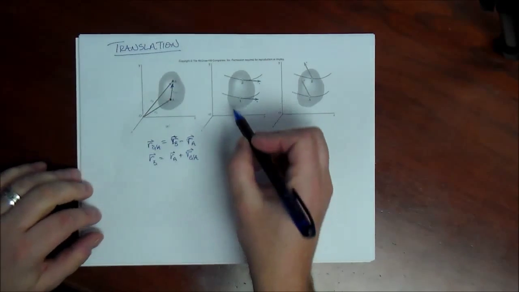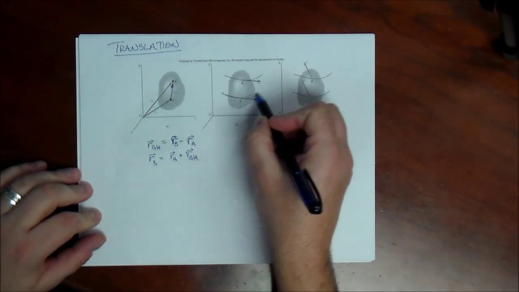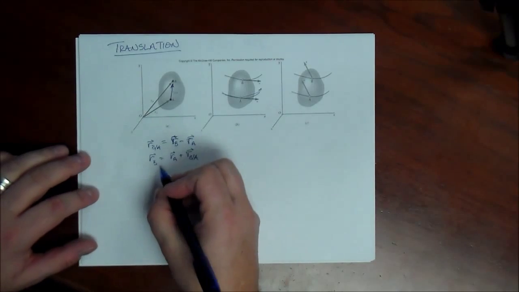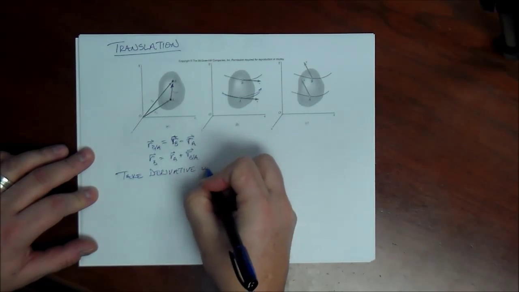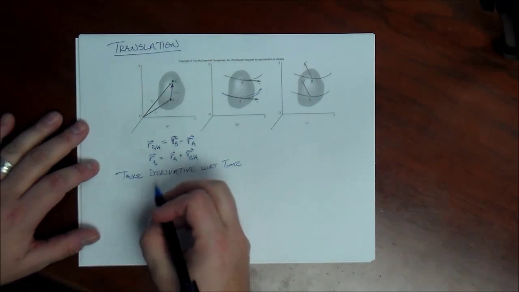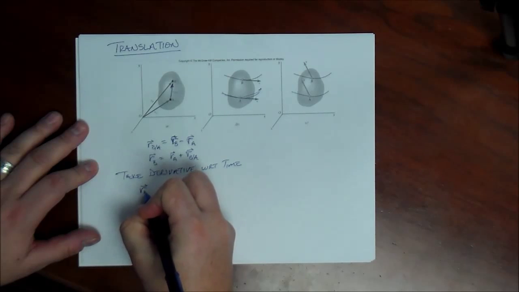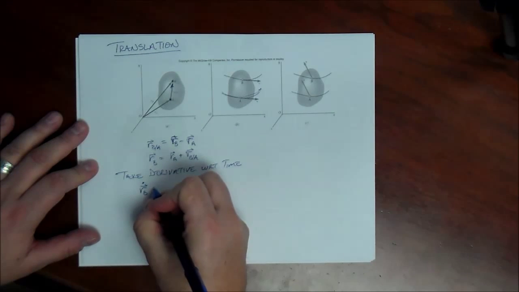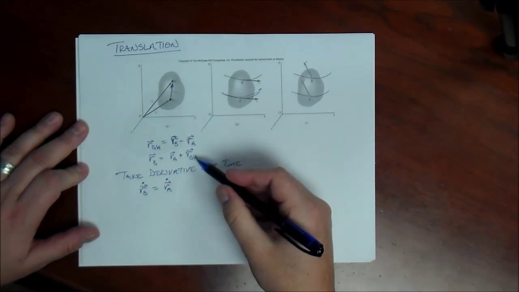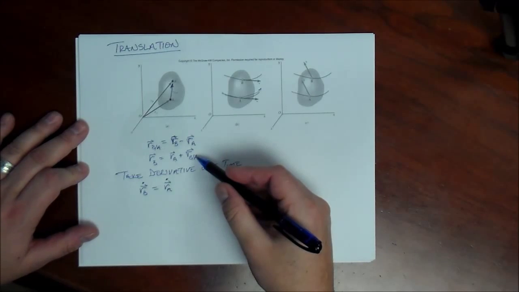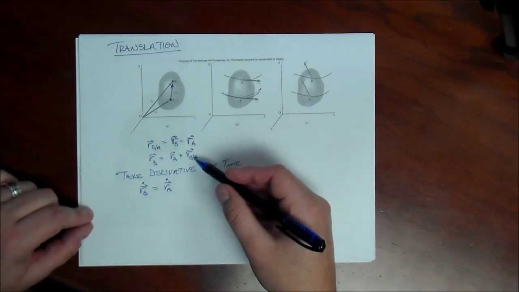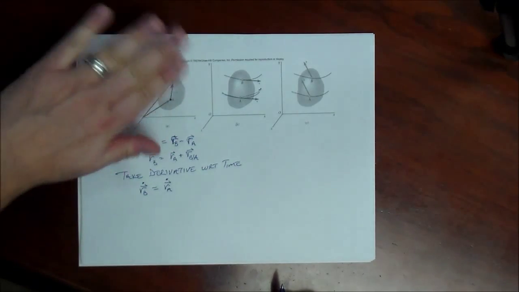It maintains that orientation, as shown in this picture, as the points either subscribe curves or straight lines or what have you. So, with that in mind, we can take the derivative of this relative position equation with respect to time. And if I do that, I get R sub B dot, the time rate of change of the position vector of B, equals R sub A dot, and the time rate of change of the relative position vector is 0 because it doesn't change its length because its body is rigid, and it doesn't change its orientation because we're in pure translation, no rotation.